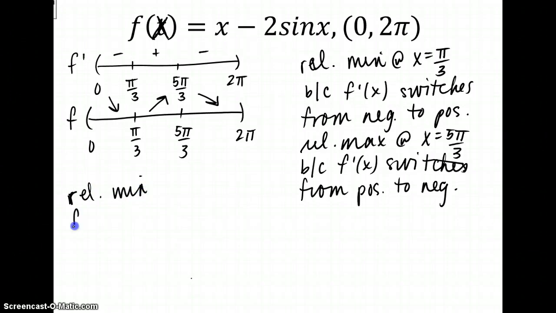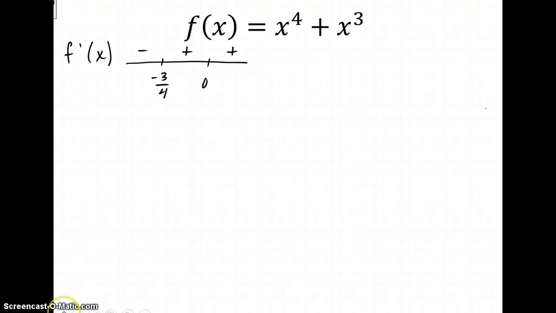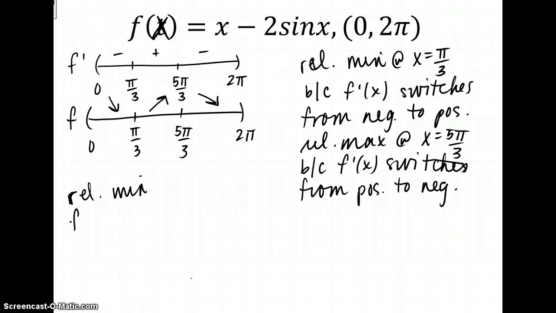The relative minimum: plug pi/3 back into the original, and you can verify that you get pi over 3 minus square root of 3.